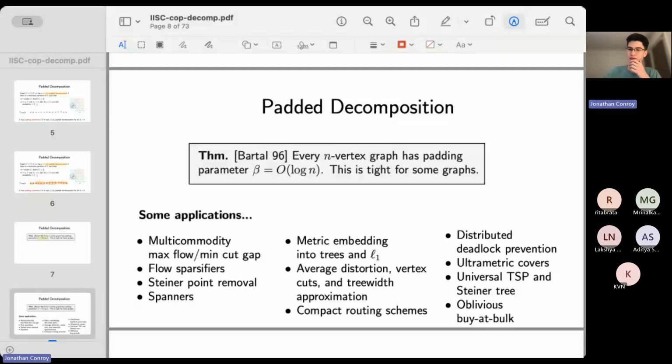So I think what I've tried to write here is for undirected graphs, for the uniform multi-commodity max flow min cut problem. For directed graphs, I think the padded decomposition doesn't say much, although I'm not so familiar with the directed setting. I see.